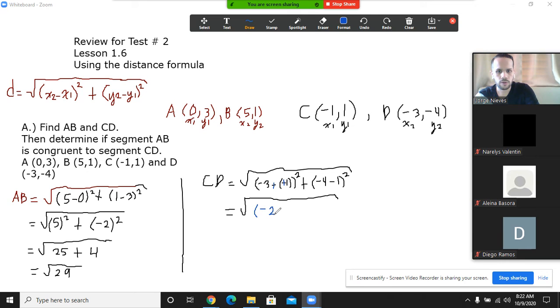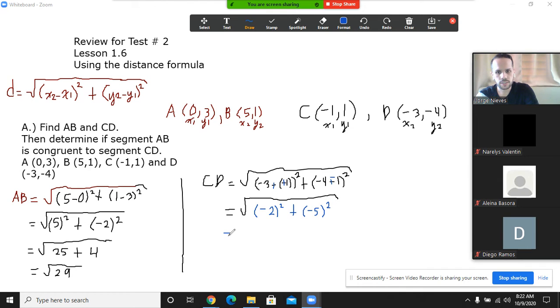Be careful with the signs, my people, with the positives and negatives, okay? And on the other side, we have -4 minus -1. So it's going to be negative and negative, we're going to add them. So it's going to be -5 to the square, okay?